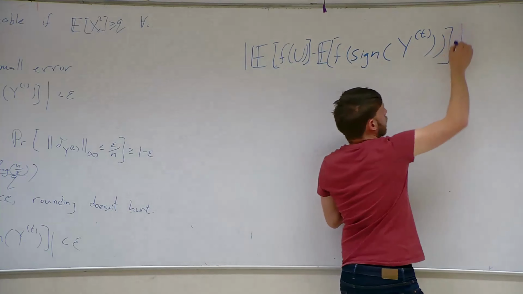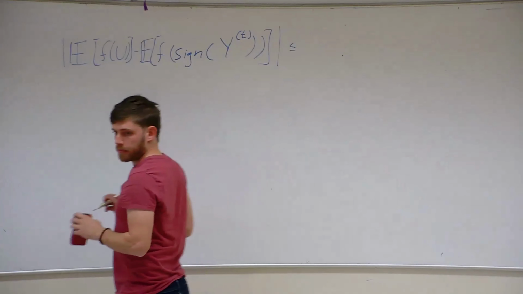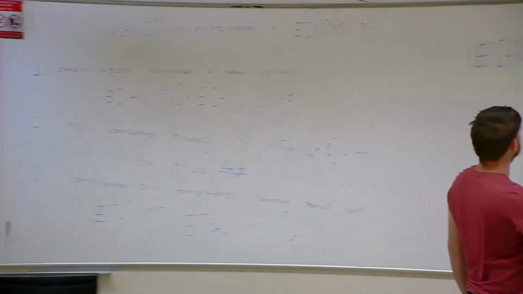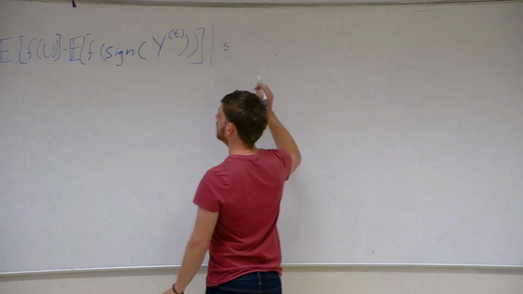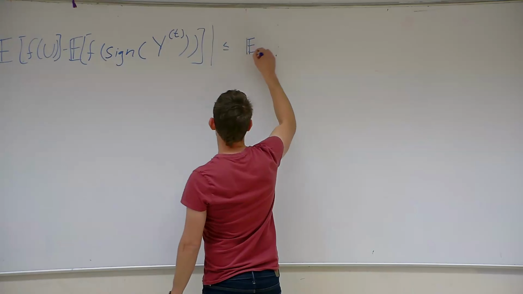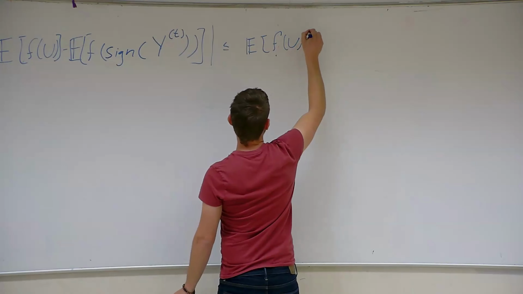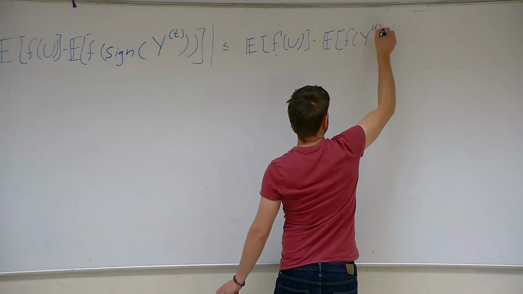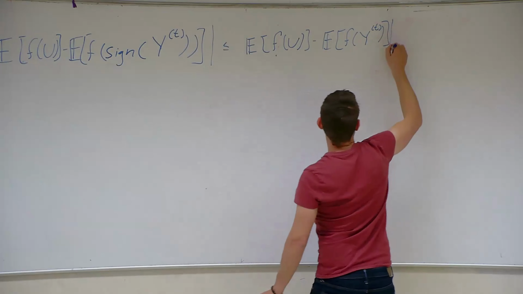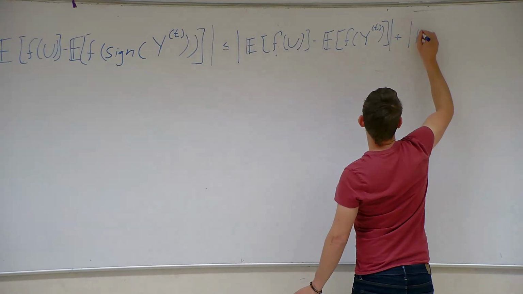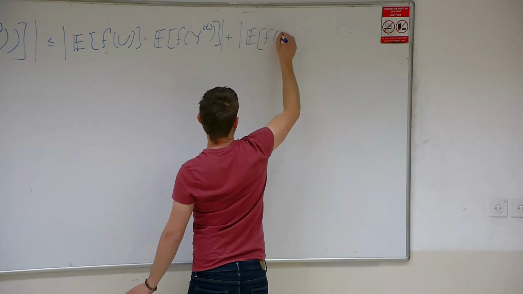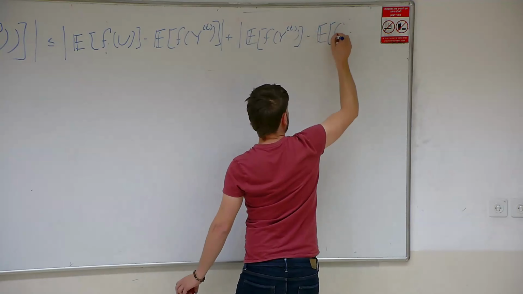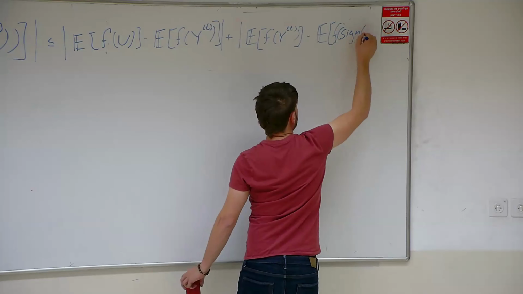That's what we need. And this is more or equal to the expectation of f of u minus the expectation of f of yt, plus the expectation of f of yt minus the expectation of f of sign of yt.